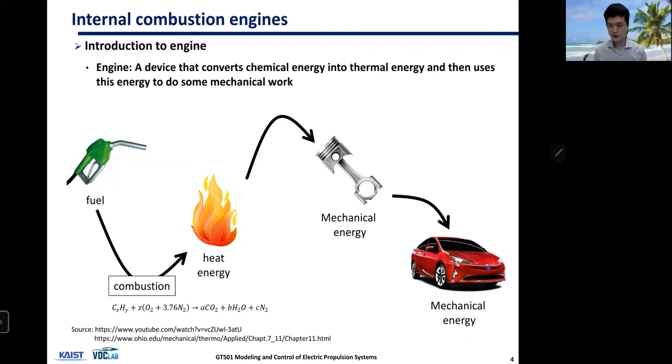An ICE is a device that converts chemical energy into thermal energy and then uses this energy to do some mechanical work. As this figure illustrates, when we burn fuel, we get heat energy, and using that heat energy, we're converting that into mechanical energy and drive the vehicle.